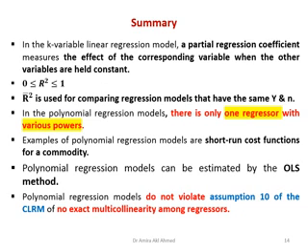Examples of the polynomial regression models include the short-run cost functions of producing a commodity. These cost functions include the total cost function and the marginal cost function of producing a product.